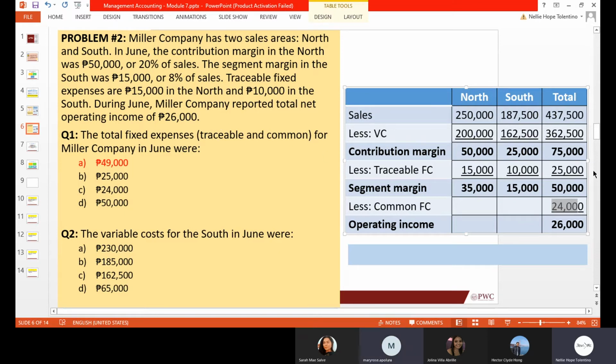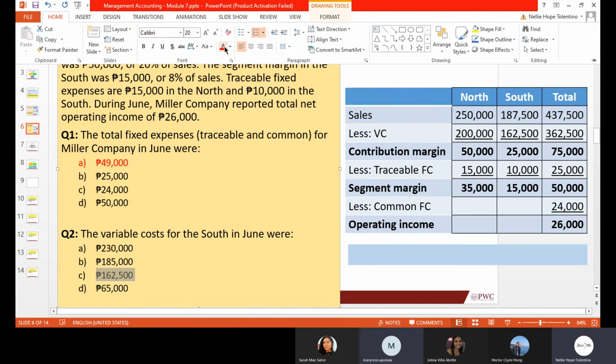So, 25 plus 24. Mali pag 25 lang, mali pag 24 lang, because yung tinatanong niya is yung total. Nakasabi din dyan na gusto niya yung traceable and common. So, the answer is 49. Tapos ito, dali na lang nito, the variable cost for the South in June, yan. 162,500. So, number 1 is A, number 2 is C.